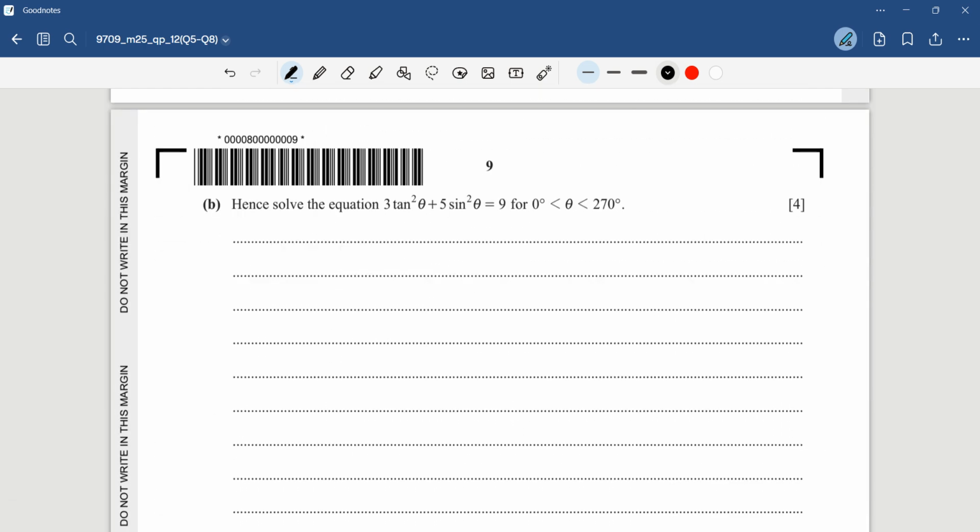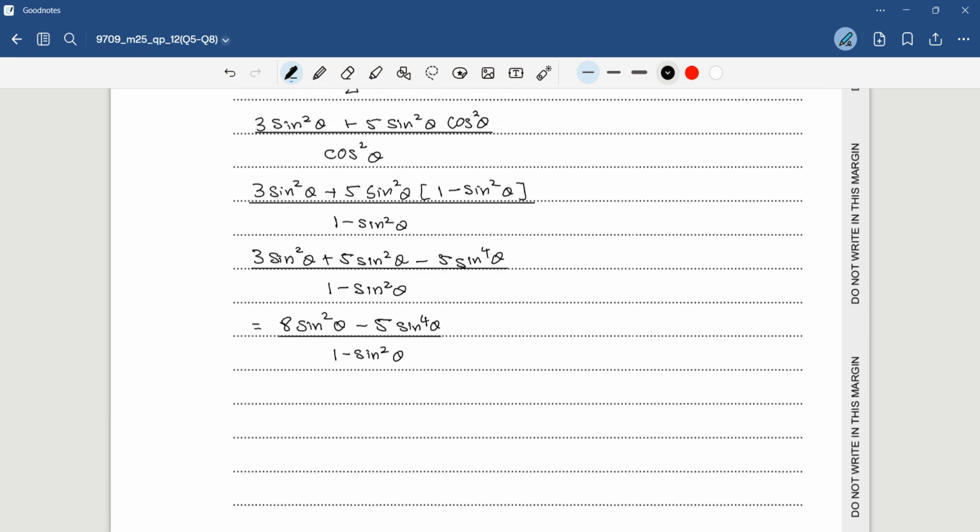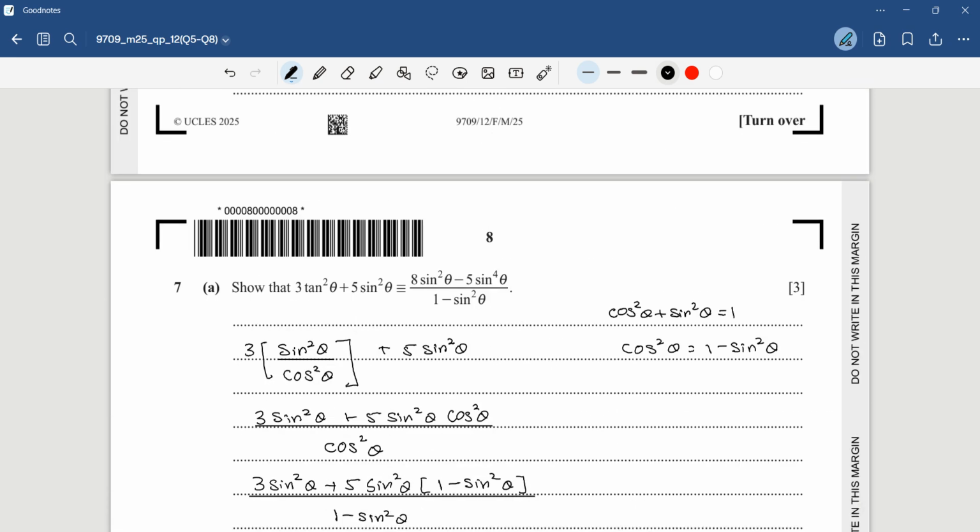Hence, solve the equation 3 tangent square theta plus 5 sine square theta equal to 9, from 0 to 270. For this case, we look back at this. Since they already mentioned that it is equivalent to this, I can use it. No worries, let's say you're not able to prove this identity, you still can use it from the question. It doesn't matter.